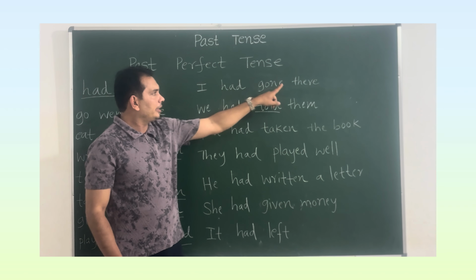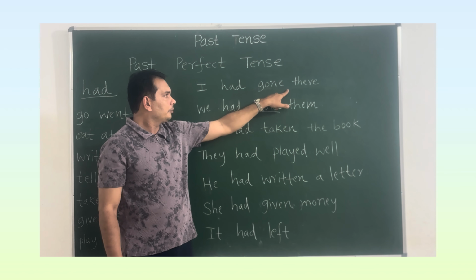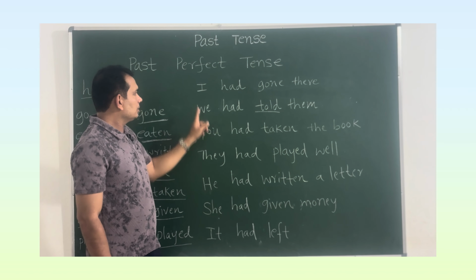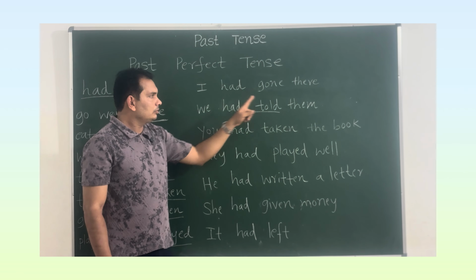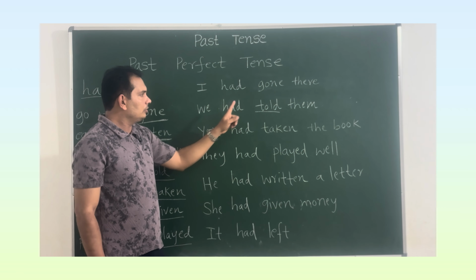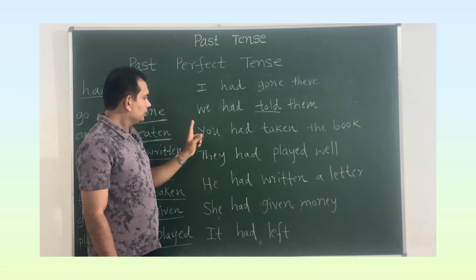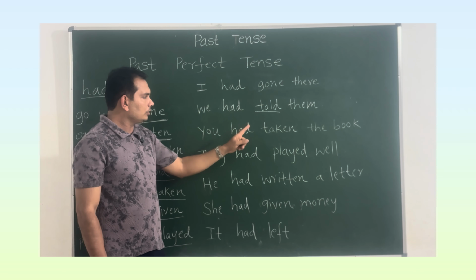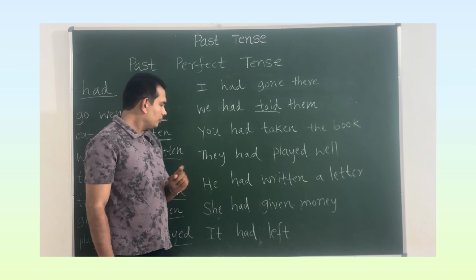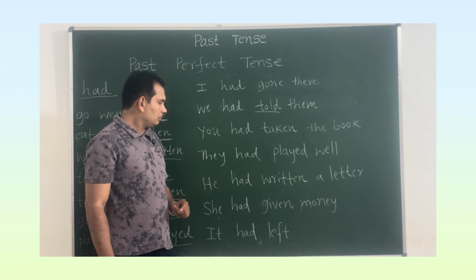I had gone there. This is a positive sentence. When we write it in the negative, it becomes I had not gone there. We had told them. We had not told them. You had taken the book. You had not taken the book. They had played well.